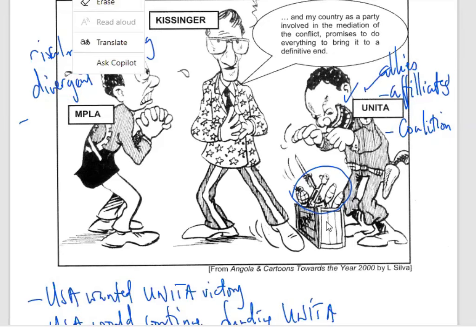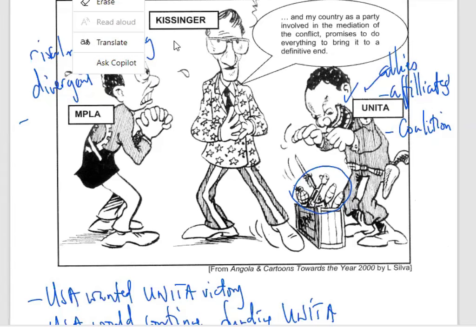That is why he's supporting this side. The fact that Americans did not want the MPLA to control Angola is portrayed by how Kissinger is pushing aid towards UNITA while he's ignoring the MPLA on his other side. That is one idea portrayed in those two sources.